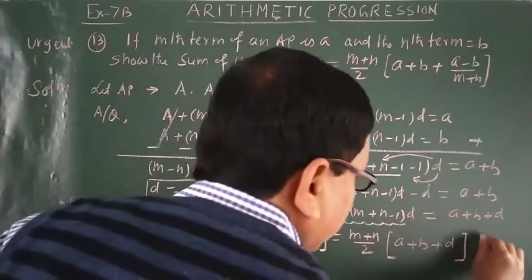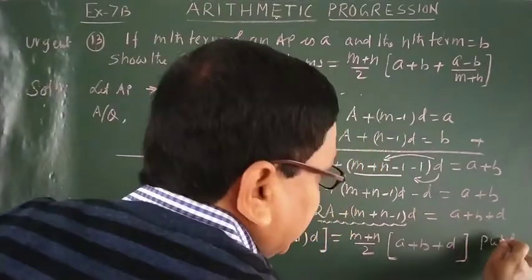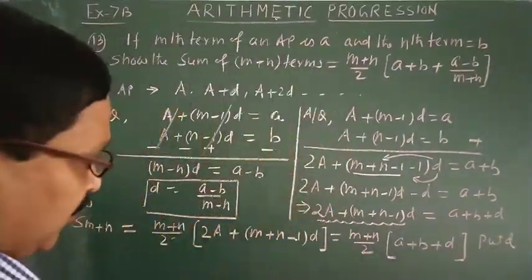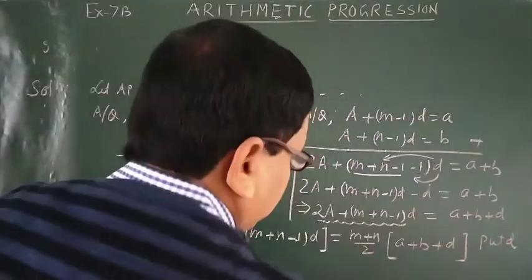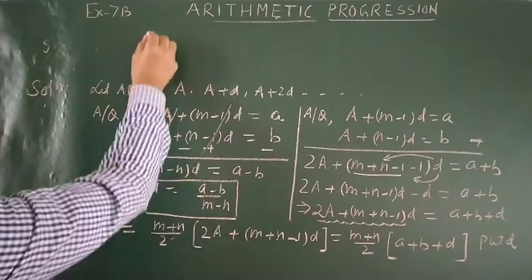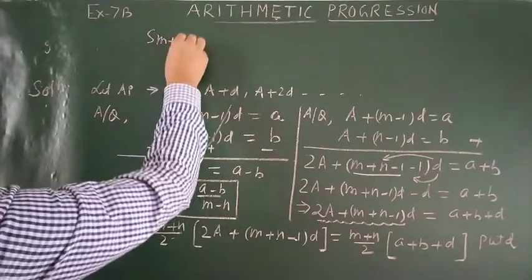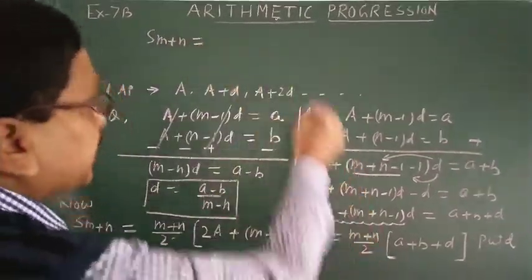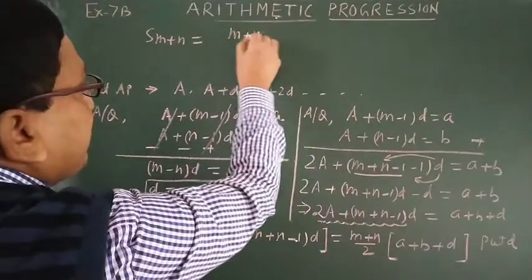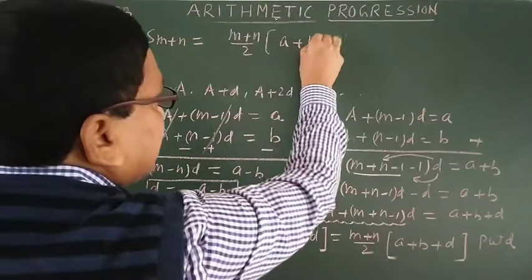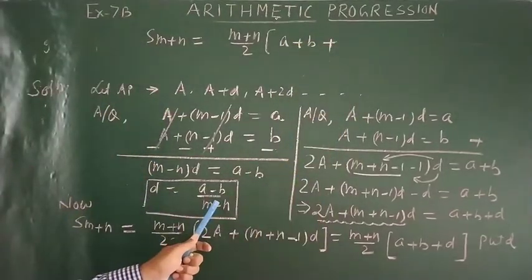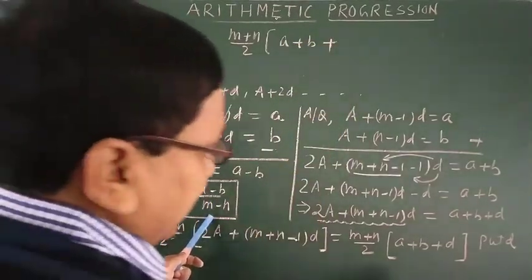Put d and get the value. So if d is substituted, S of m plus n will be equal to (m plus n) by 2 times (a plus b, and d is this). Putting d, (a minus b) by (m plus n).